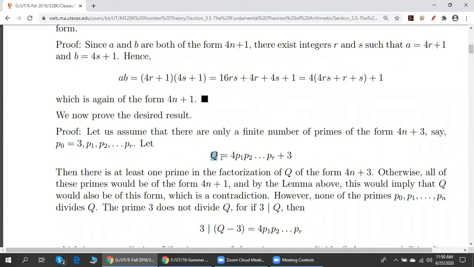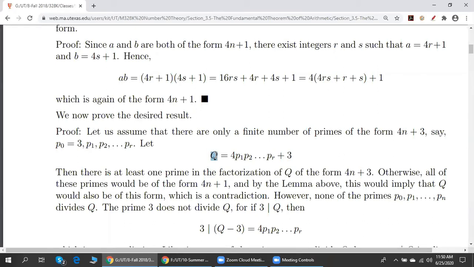Could you repeat the last part if you don't mind? So, since any integer can be either of the form 4n or 4n plus 1 or 4n plus 2 or 4n plus 3, and since Q is odd, for any factor of Q, there are only two possibilities.